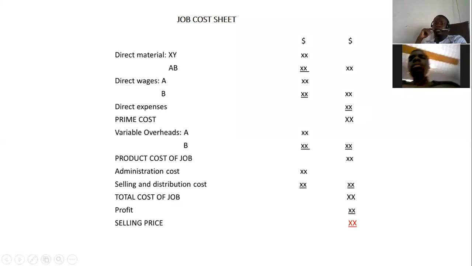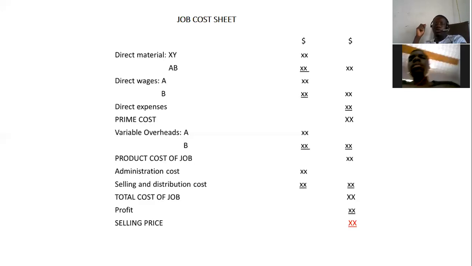So you realize that in the last column, you have the total for direct material, direct wages, direct expenses. Now, you will have to sum them up. And we know that the summation of direct costs, that is direct material, direct labor, direct expenses, will give us prime cost.